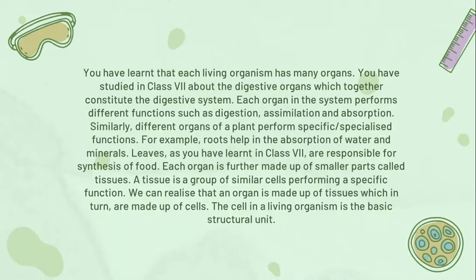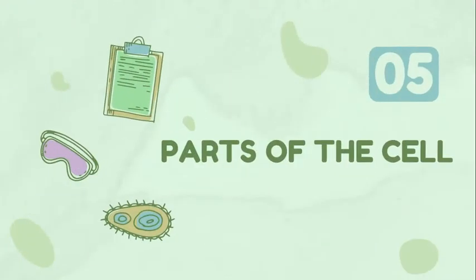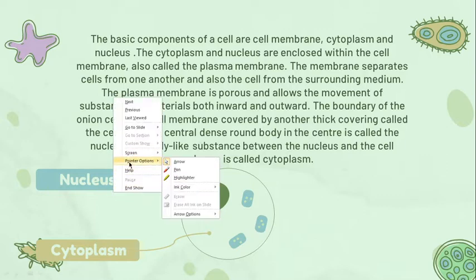Next we are going to learn about the parts of a cell. The basic components of a cell are the cell membrane, cytoplasm, and nucleus.